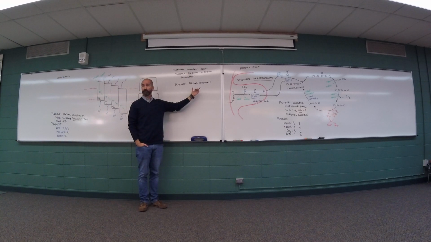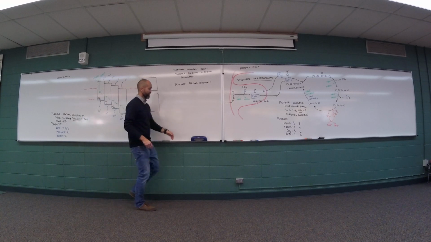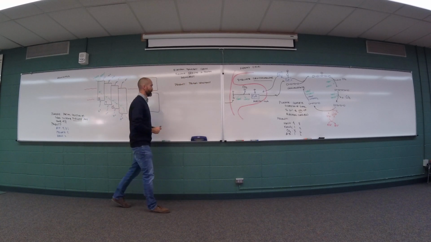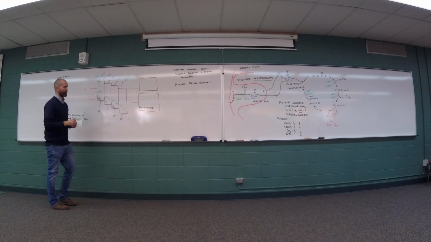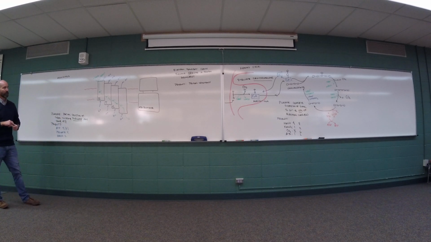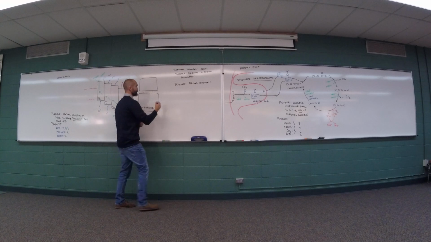We're going to use that proton gradient to turn ATP synthase and make a whole bunch of ATP. So this is the last stage in cellular respiration, and we're going to call it chemiosmosis.